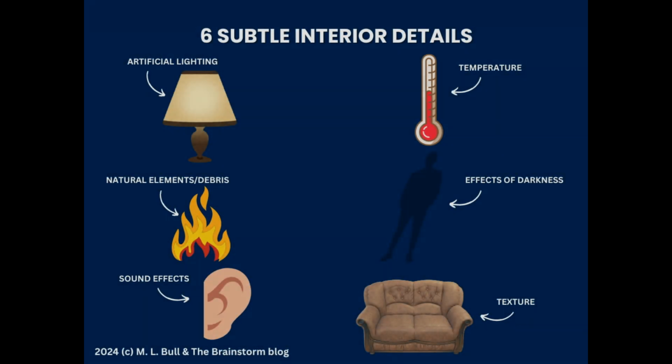As you can see here, I have a diagram that I had put together of the 6 subtle details for interior settings, which is also on the actual blog that this episode is based from.